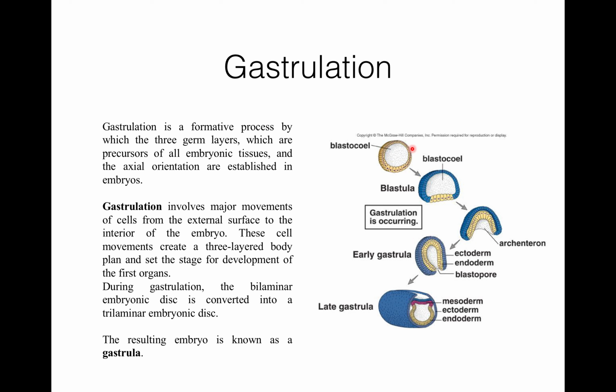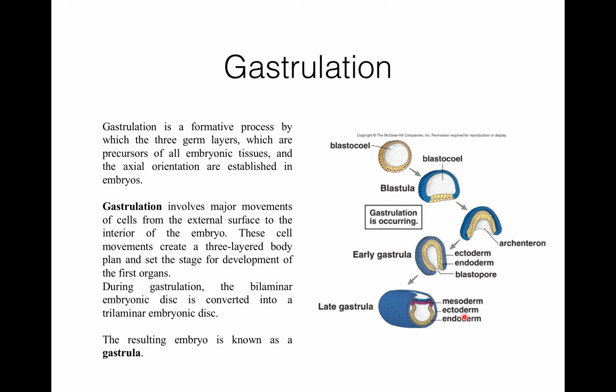So this is a blastula, here blastocoele, then you can see archenteron. So gastrulation starts here, and here you can see early gastrula where you can see ectoderm and endoderm, and here is a blastopore, and then in late gastrula you can see mesoderm as well. So there are three germ layers.